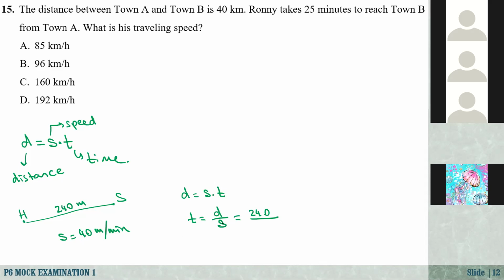Every minute you can walk 40 meters. So here, that's your speed. Now, if you simplify this, cancel 24 over 4, that's equal to 6. And what is the unit of time here? It is minutes. That means that if you are walking 40 meters every 1 minute, you can reach your school from your house in 6 minutes.